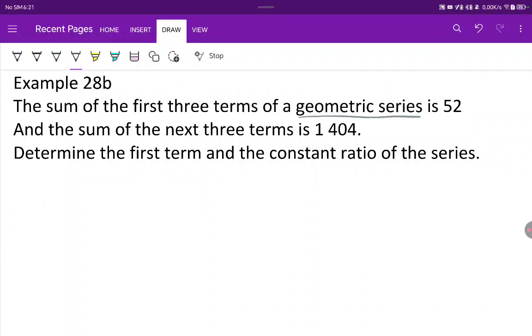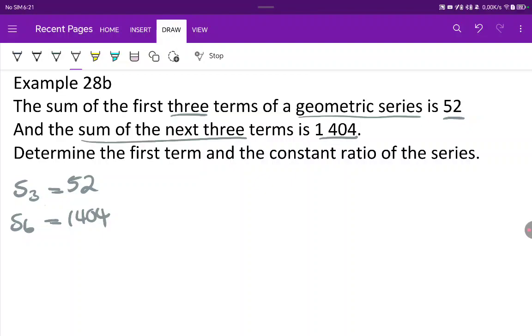So they're saying the sum of the first three terms, S3, equals 52. Then they're saying the sum of the next three terms is 1404. Is that what it says? Next three terms.